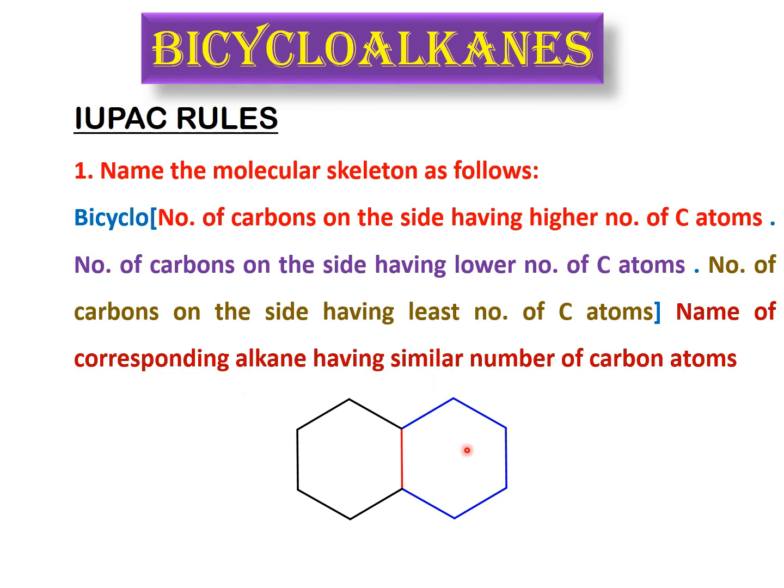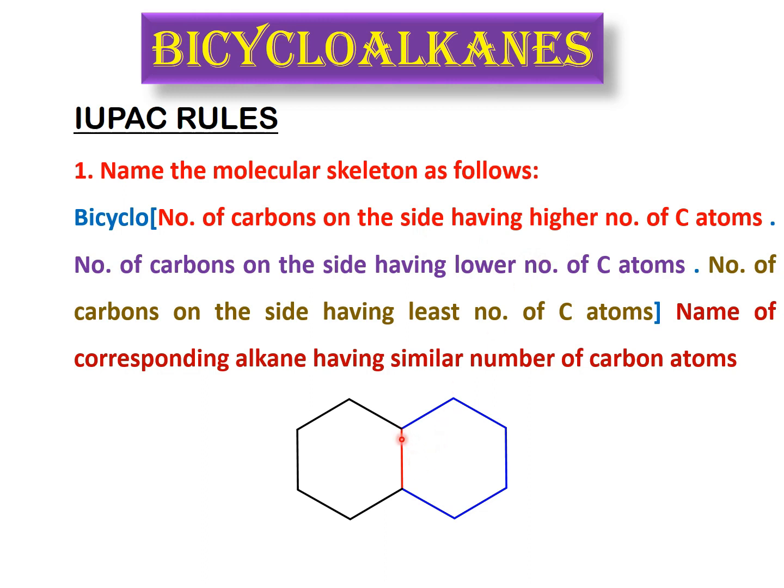So we have again this bicyclic molecule. What you need to do is to write the prefix bicyclo and then open the square brackets. First you have to write the number of carbons on the side having higher number of carbon atoms.